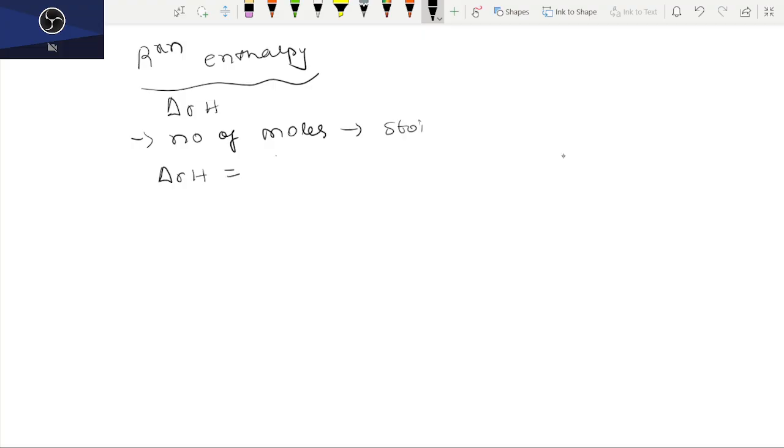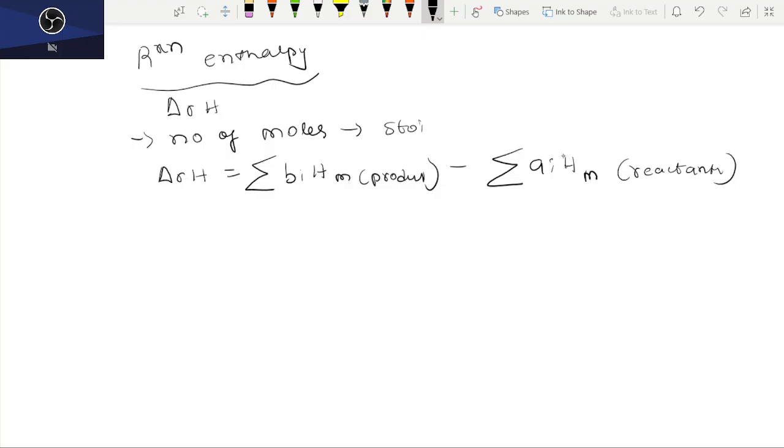Delta rH is equal to the sum of bi Hm of the products, right? And in a similar manner, in this symbol, ai Hm is nothing but the reactants. In both cases, you can check ai Hm, bi Hm. These two are equal, hence it is called the reaction enthalpy. ai, bi are the stoichiometric coefficients of the reactants and products.